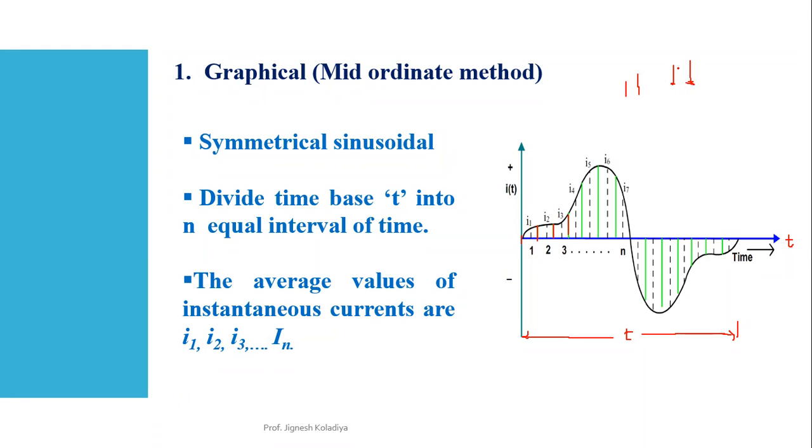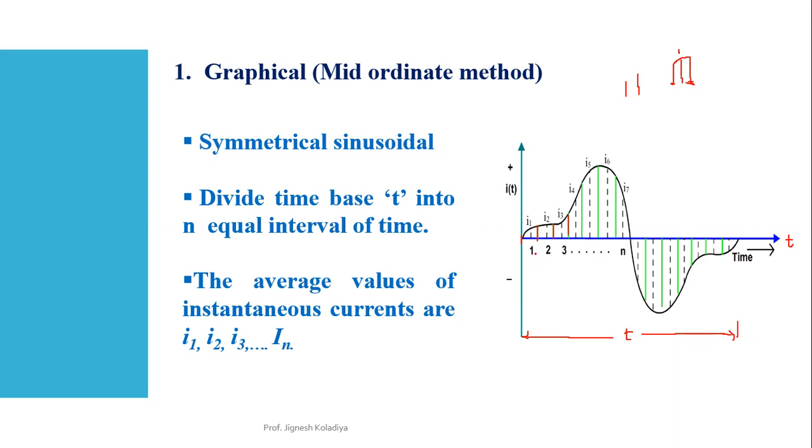And if you want to find the mean, ultimately it is part of the waveform, and from the starting and ending point, I am finding the average or mean. So this midpoint will give me the average current for that particular interval.